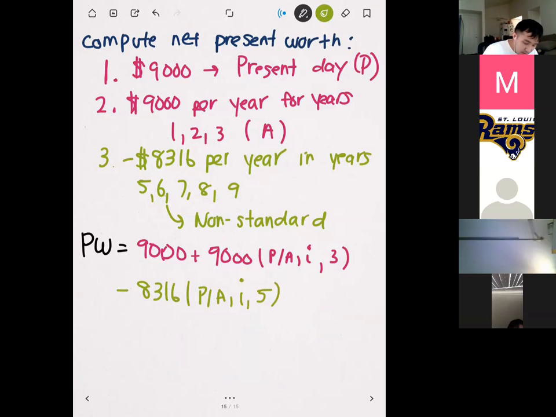Okay. And so this converts it, single sum, in year 4. Okay. And so now we have to take that single sum in year 4 and bring it back to year 0. So this is going to be P over F, I, and then 4.